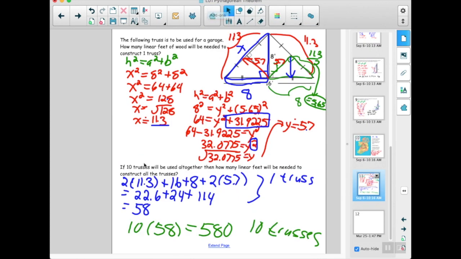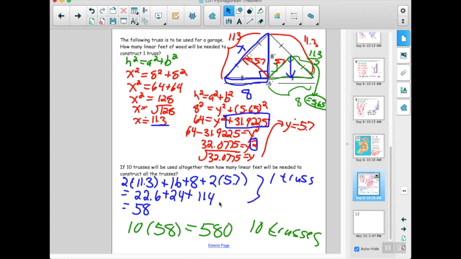Okay, so we're back now. I'm noting that to construct one truss, I need two sides at 11.3, one here and one here. I need a side of length 16, which is right along there. I need a side at length 8, which is right there. And now I have two side lengths at 5.7, one here and one here. 2 times 11.3 is 22.6. 2 times 5.7 is 11.4. 22.6 plus 24 plus 11.4 is 58.